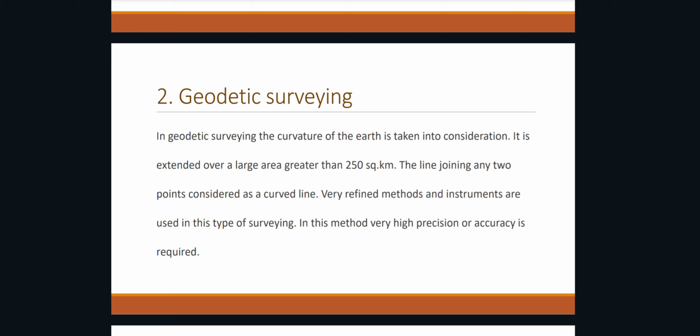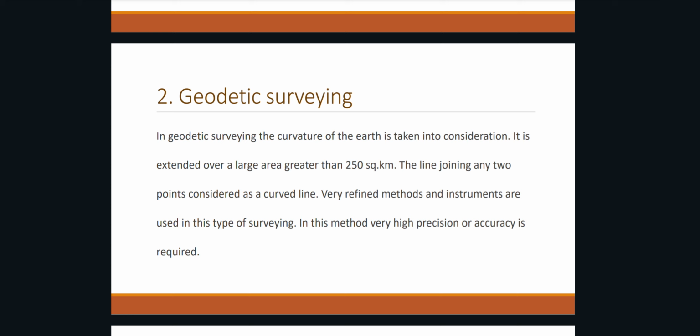It requires important and precise instruments, and the area is also greater than in plain surveying, that is, 250 square kilometers and above.